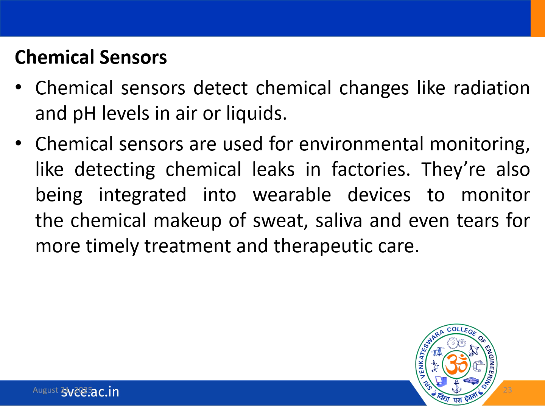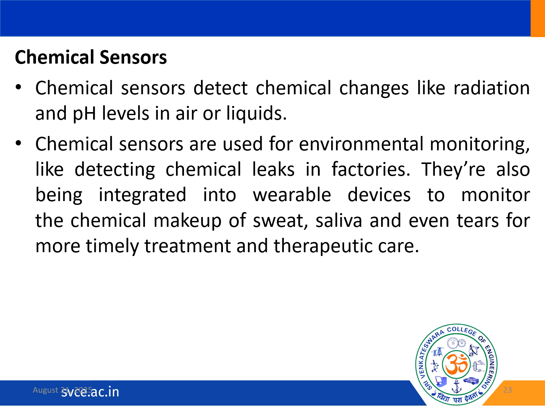Chemical sensors are used in environmental monitoring, like detecting chemical leaks in factories and so on. Beyond factories, these sensors are now being used in wearable technologies to analyze the chemical composition of bodily fluids, such as sweat, saliva, and tears.